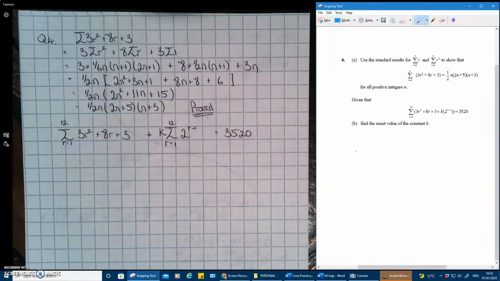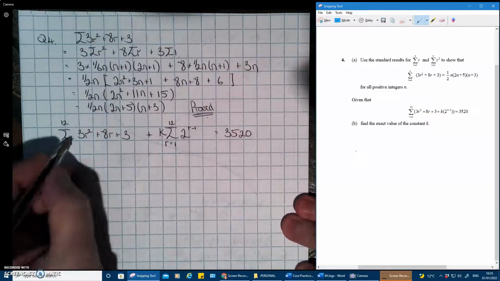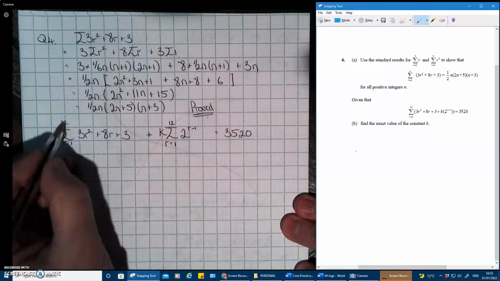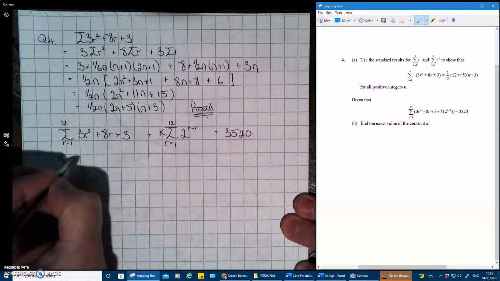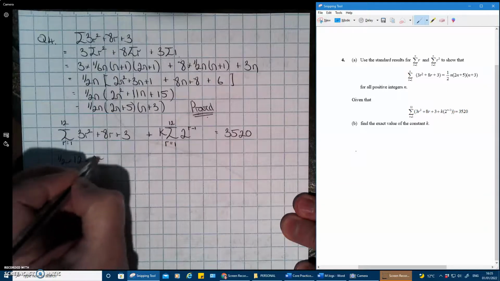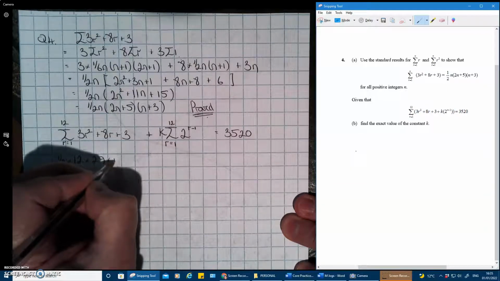Now I know the formula for the one on the left, so this is going to be this formula above, and I'm going to put 12 in. So half times 12 times 29 times 15.